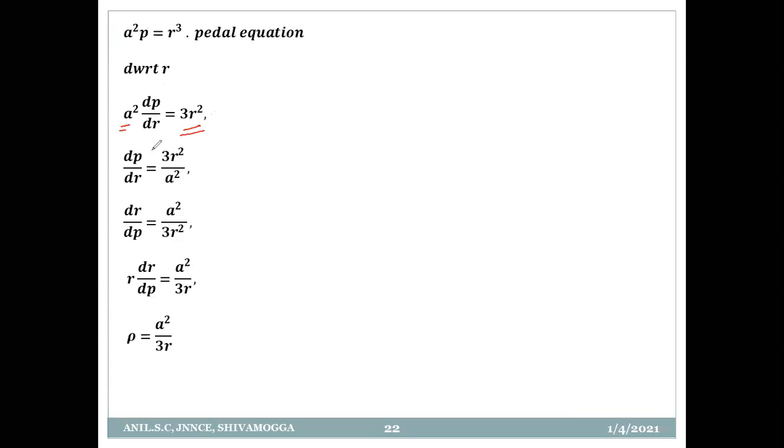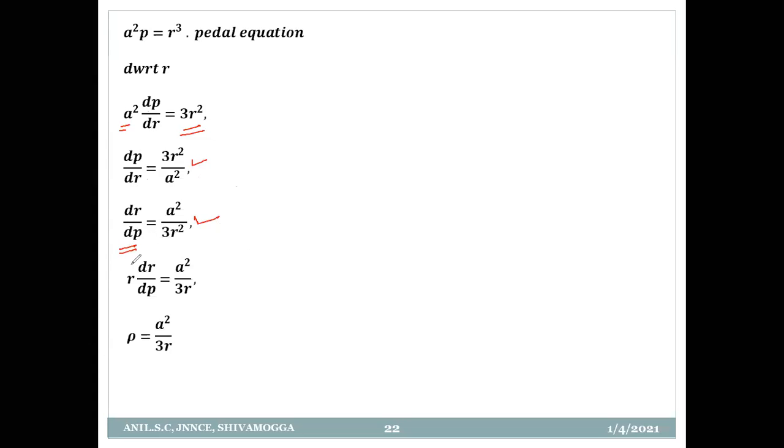Therefore, dp by dr is equal to 3r square divided by a square. But what is required is dr by dp. Therefore, we shall take the reciprocal. The reciprocal of dp by dr is dr by dp, which is equal to a square divided by 3r square. Interchange numerator into denominator and denominator into numerator.